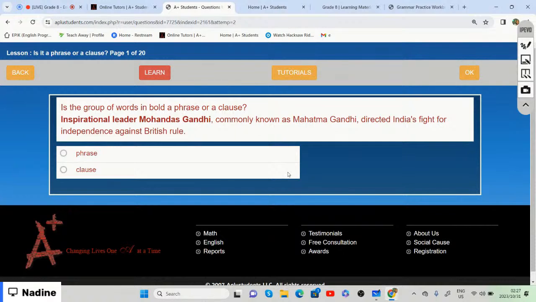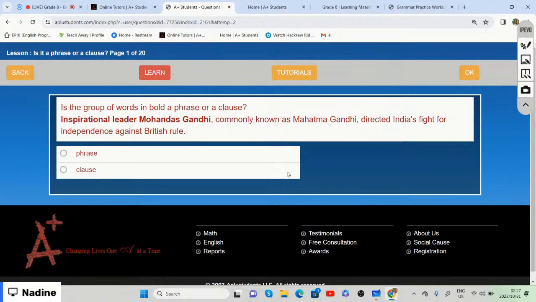If we look at the words in bold, inspirational leader Mohandas Gandhi, is it a clause or a phrase?